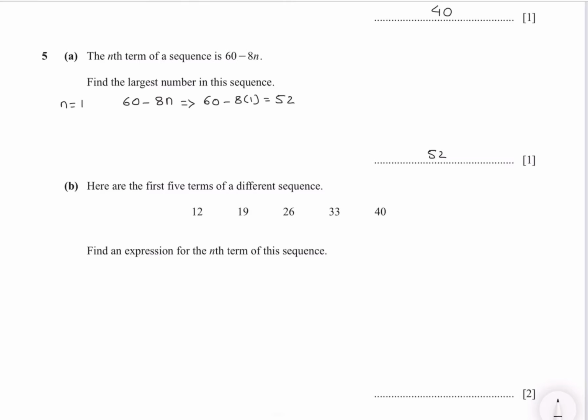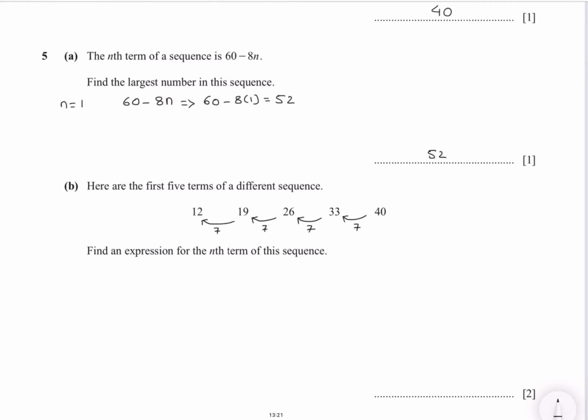Here are the first 5 terms of a different sequence. Find an expression for the nth term of this sequence. So you take the difference, 19 minus 12, 26 minus 19, and so on. You see you get the difference 7. So this is a linear sequence. Linear sequence means when there is a constant difference, that sequence is always linear.